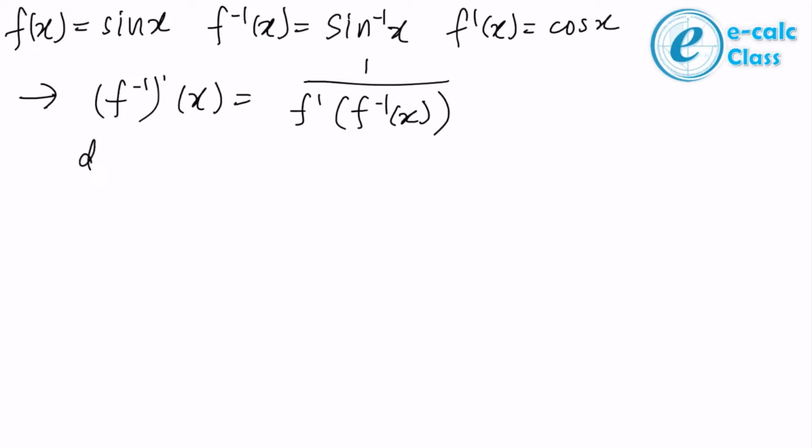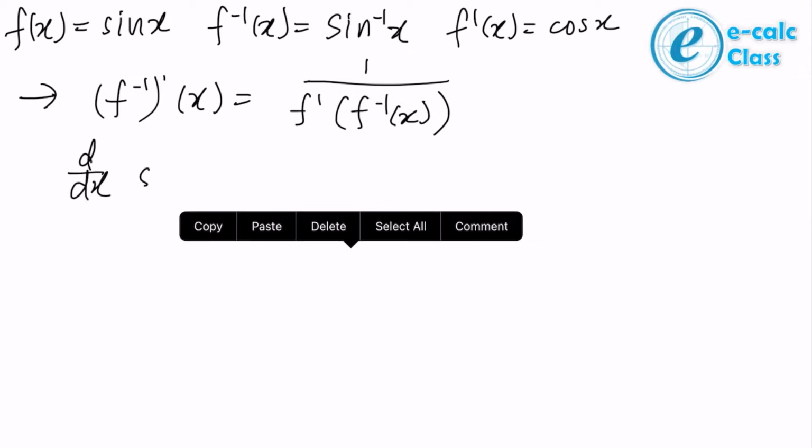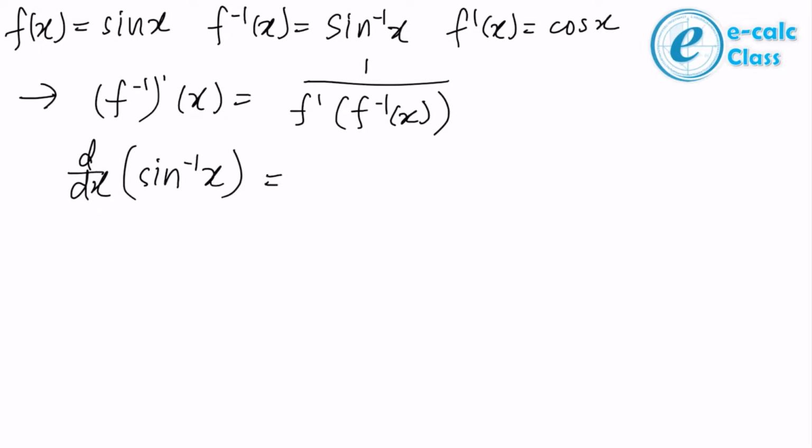Meaning the derivative of sine inverse of x is equal to 1 over, it's a chain rule, remember? Differentiate sine, you get a cos. Then we put in sine inverse. But you might ask, why suddenly got cos and inside got the sine inverse? You need to make everything into the same function.